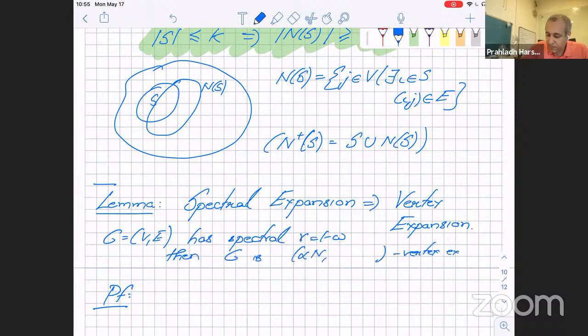And we'll fill this in for every alpha in 0 to 1.